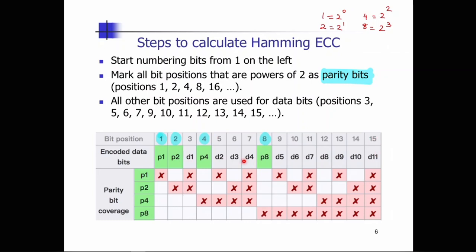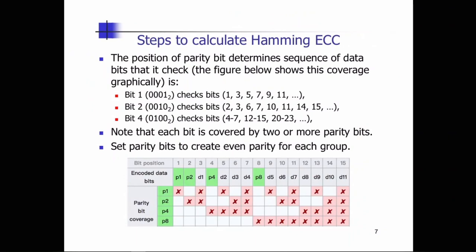So this can give me a maximum of 11 data bits and 4 parity bits to be able to correct one error. Okay, so that's about the bit position and the encoded bit, which bit goes in what position. So we have talked about that. Let's move on to the next slide here.